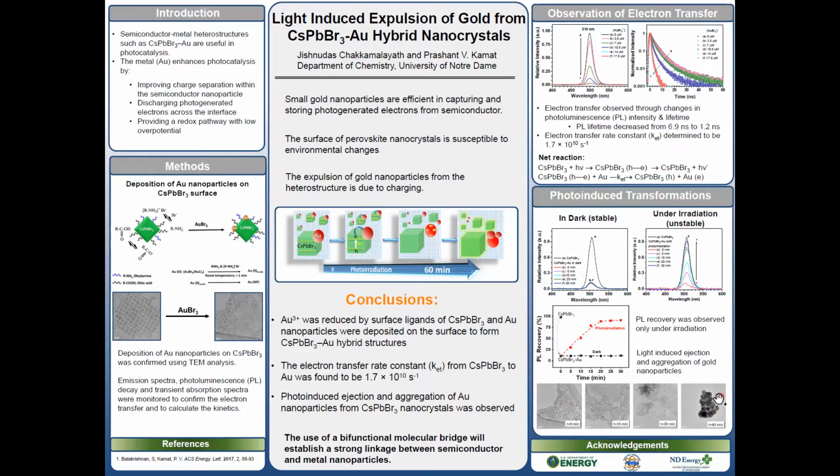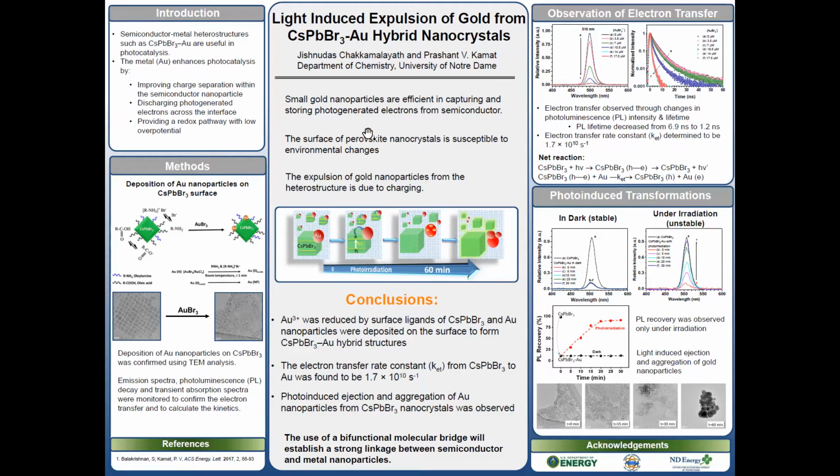The formation of these large gold nanoparticles precludes any direct interaction with the cesium lead bromide, thus restoring its original characteristics. But in the majority of examples previously reported, the anchoring of metal particles on the semiconductor surface remains intact even during extended periods of photoirradiation.